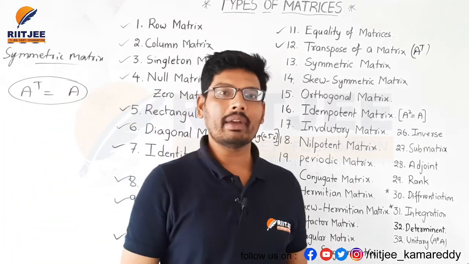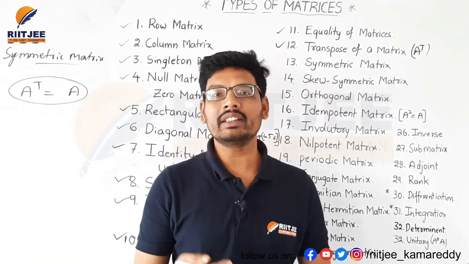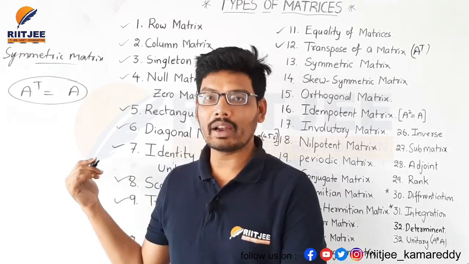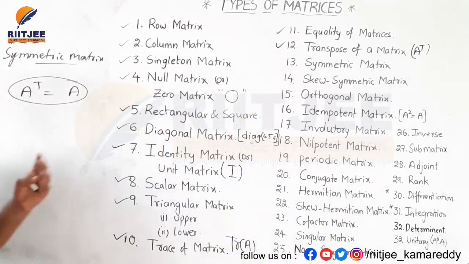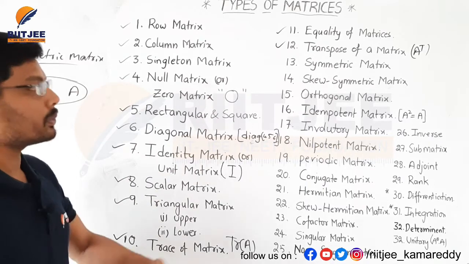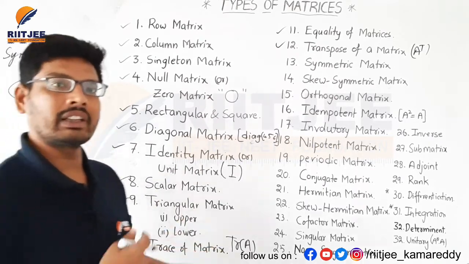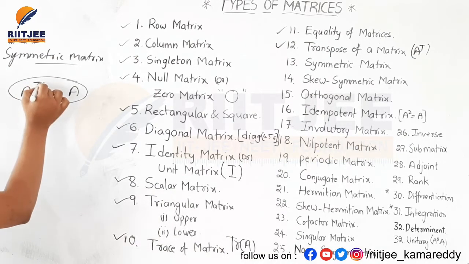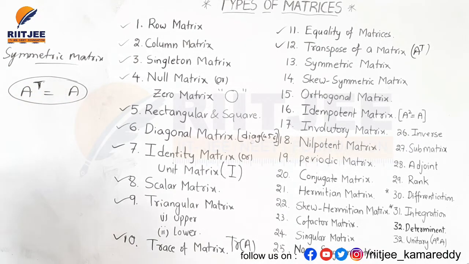If you transpose a matrix and again you get the same matrix, then those types of matrices are called symmetric matrices. This is about symmetric matrix. Symmetric matrix is nothing but the transpose of a matrix giving again the same matrix. Transpose is nothing but interchanging of rows into columns.